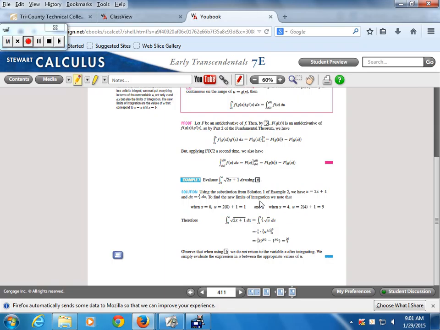Page 411, example 7. You got your book with you? I think that will help you out.